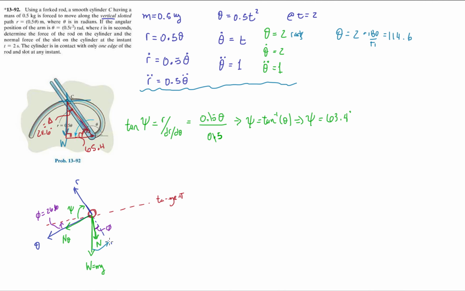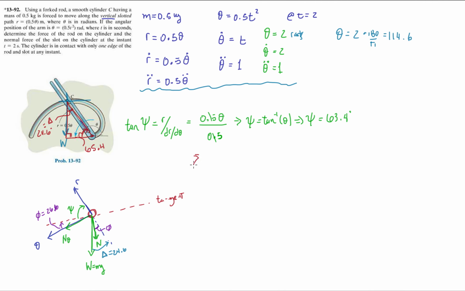So now that we have that angle, let's go back to that drawing that I was doing in the bottom left over here. So this angle delta is 24.6. Very close to the 26.6, right? But it's not. And then from here, now we can do the summation of the forces, of the two force equations.